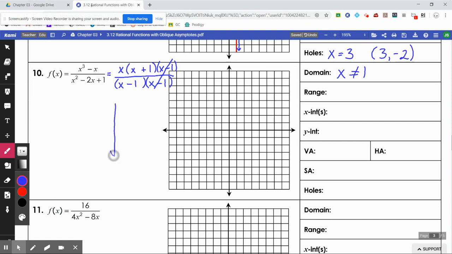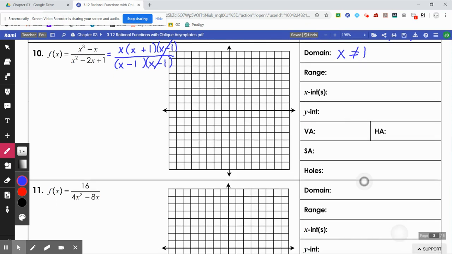Well, if you've got a vertical asymptote, that means your graph is getting closer to it. How can you have a hole and a vertical asymptote? So what we're going to do, we're going to remove that x minus 1, but you're still going to have one on bottom. So you're going to have a vertical asymptote at x equals 1. And since you have that vertical asymptote there, you're not going to be able to have a hole there as well.